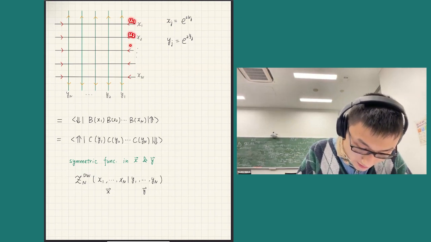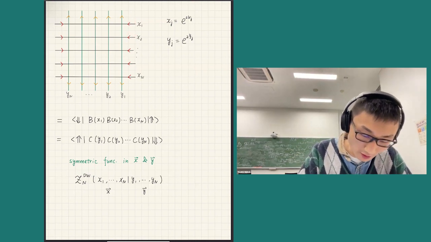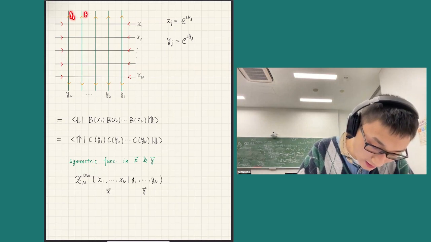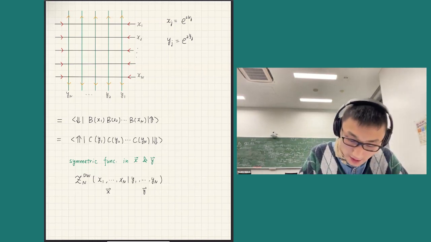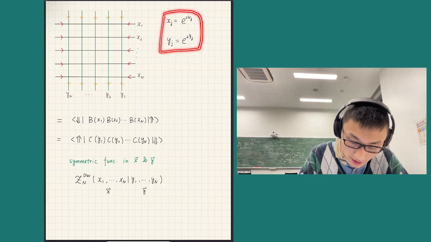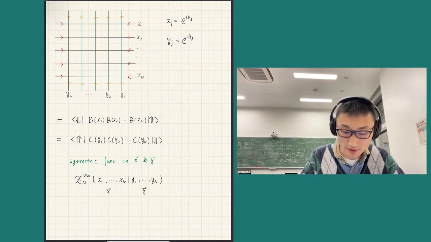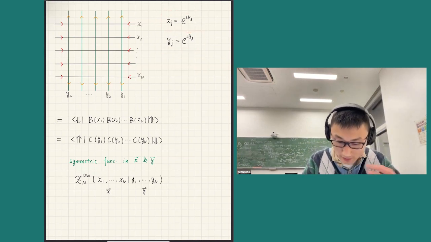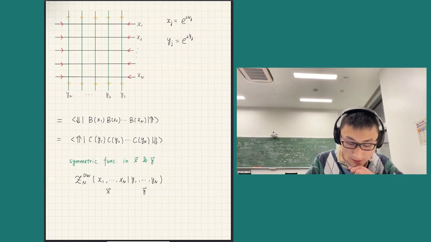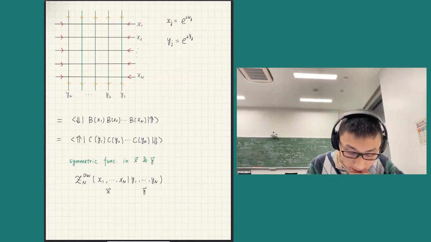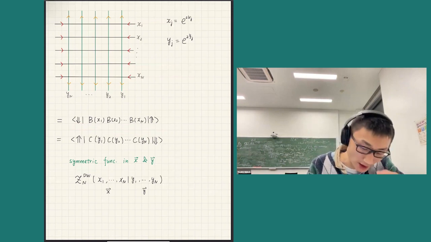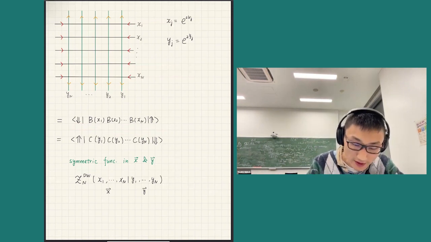This is u2, etc. And then on the vertical ones, I put psi1, psi2, etc. And then I want to use the exponentiated version of this spectral parameter.